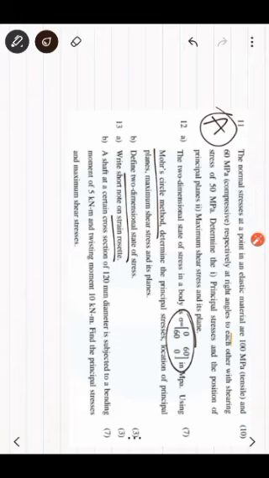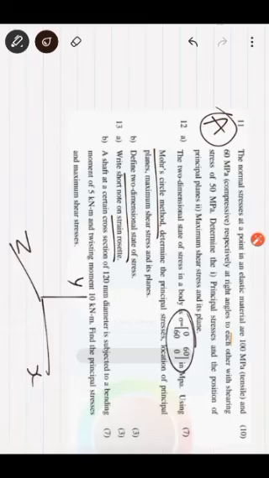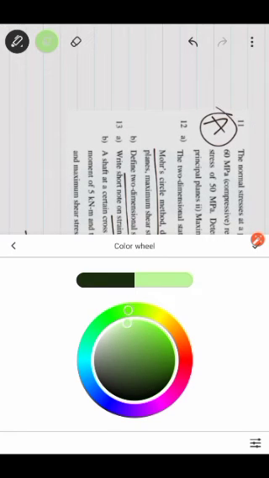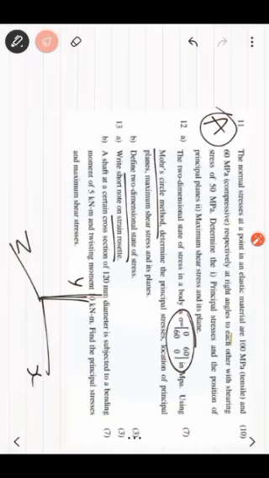Write a short note on strain rosette. If you have 3 directions x, y, z inside an object, let me take it inside an object. Inside any object I can have a 3-dimensional axes like this. Say this is a rectangular prism or square prism.